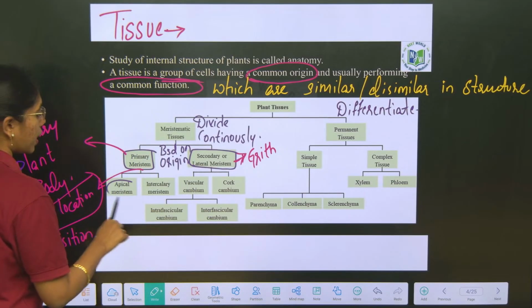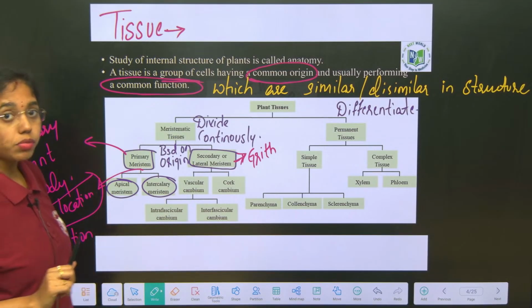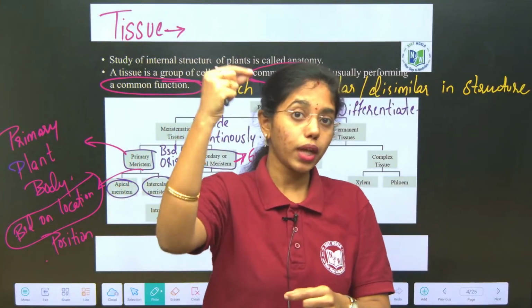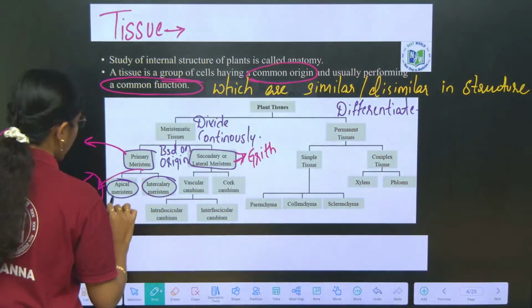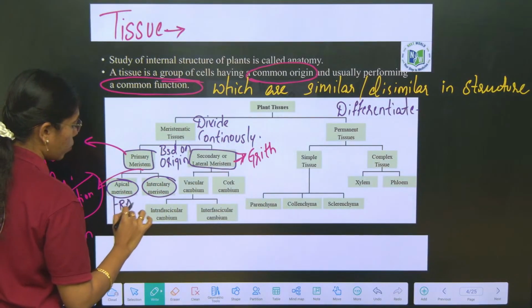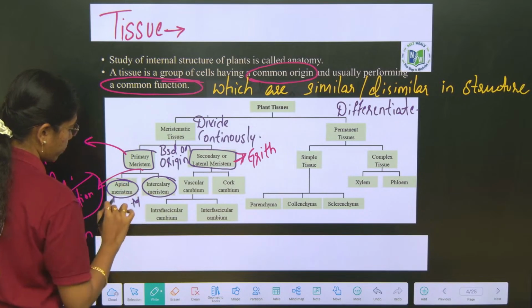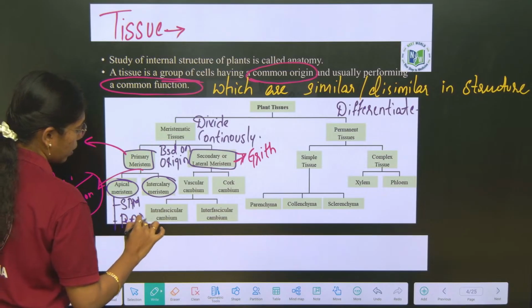One is apical meristem, second is intercalary meristems. Apical meristems are present at the apical regions of the plant, either at shoot apical meristem or at root apical meristem. These two are what beta? Apical meristems. They are at root apical meristem or shoot apical meristem. Fine, right?